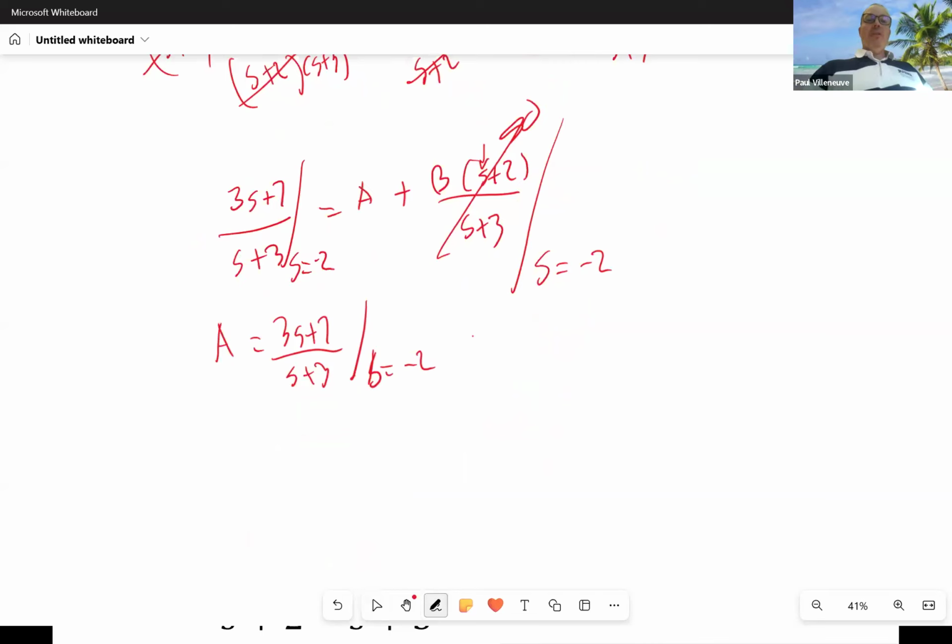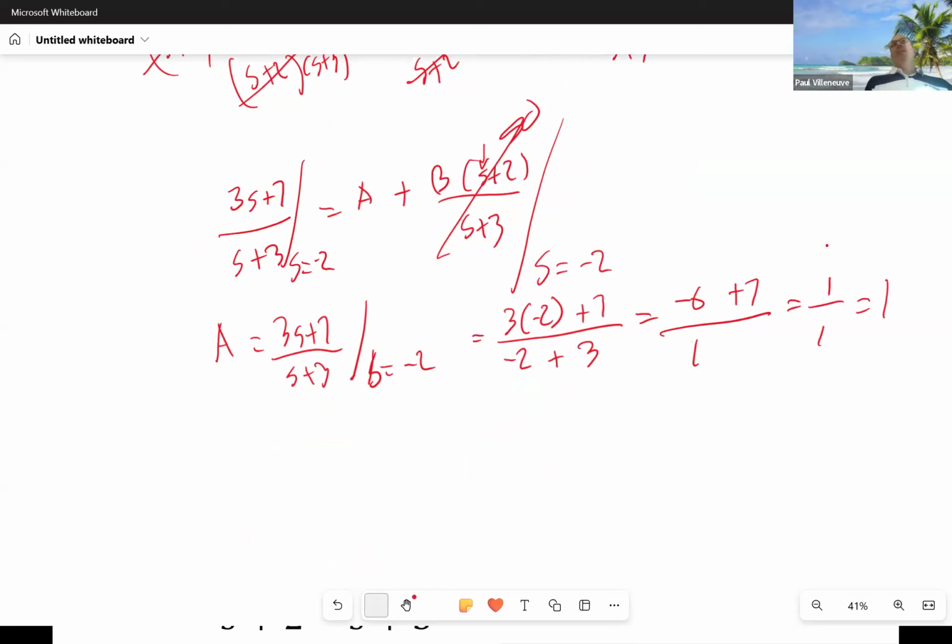So that's going to be equal to 3 times -2 plus 7 over -2 plus 3, which is equal to -6 plus 7 over 1, which is equal to 1 over 1, which is equal to 1.